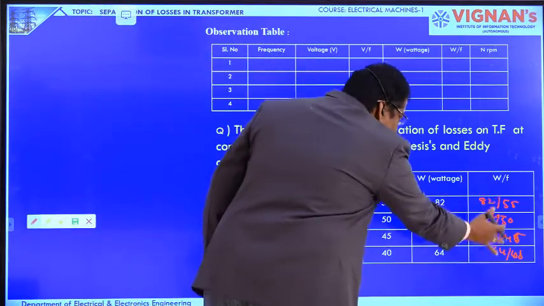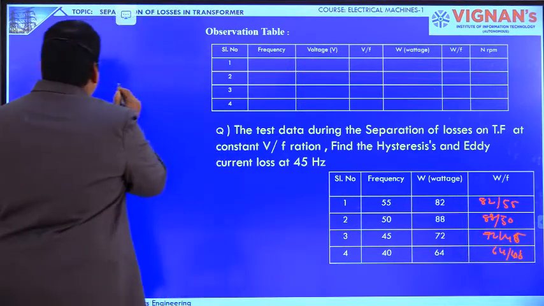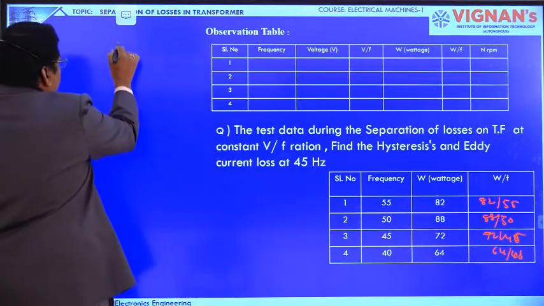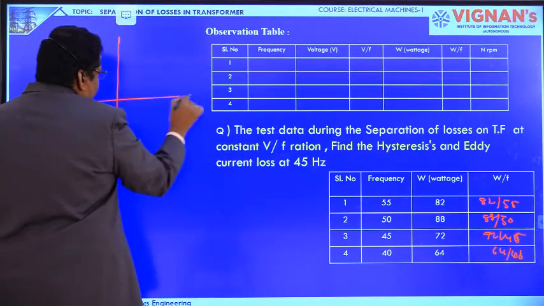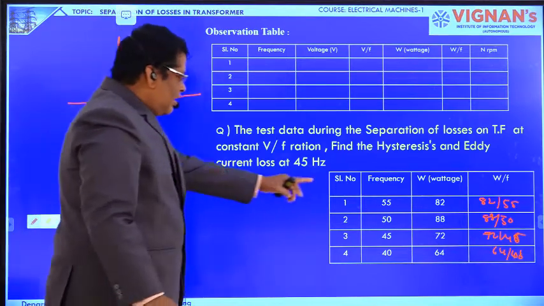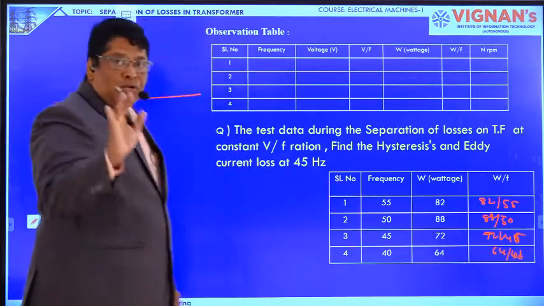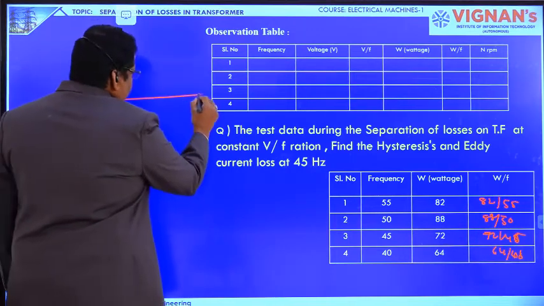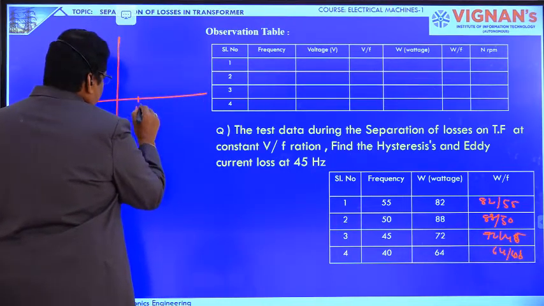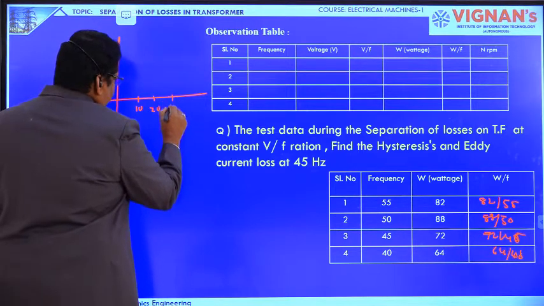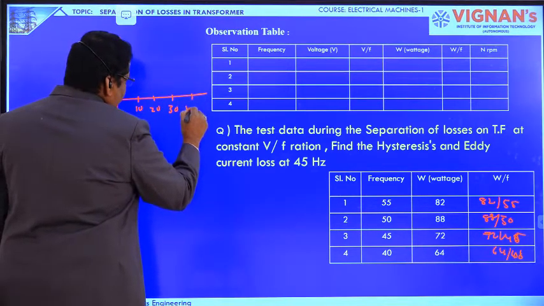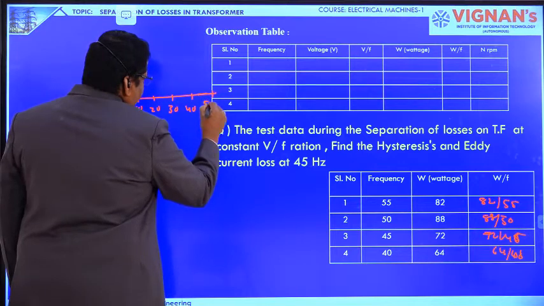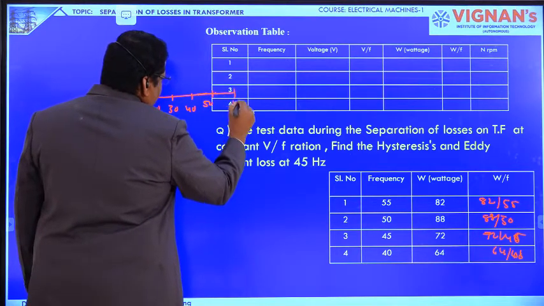You should take the proper scale. This quantity we have taken on the y-axis, and this is the x-axis. In the same manner, here we have taken the frequency. We should take the proper scale: 10 Hertz, 20 Hertz, 30 Hertz, 40 Hertz, 50 Hertz, next 60 Hertz.